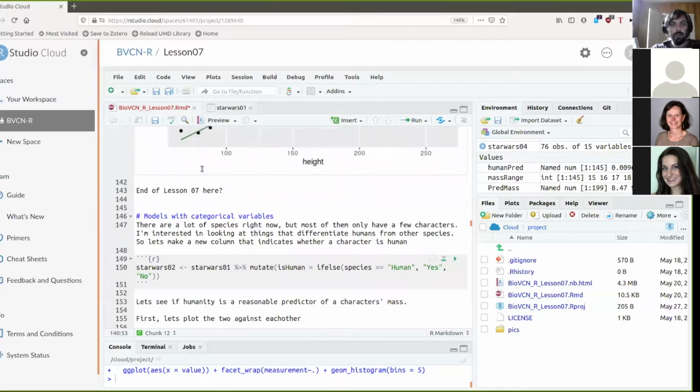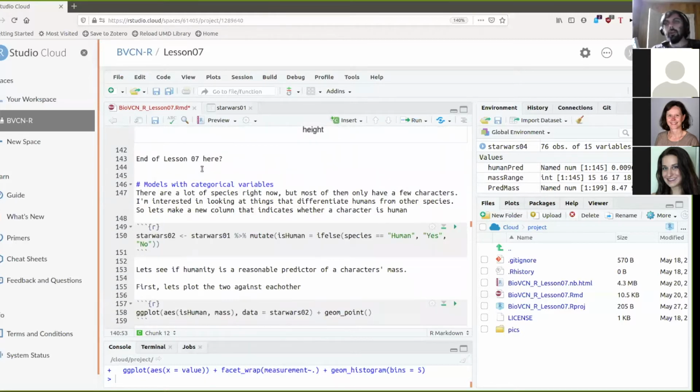So let's make our job simpler. Instead of a linear model that predicts all the species, and since most of our species only have one or two characters in them, let's just use whether somebody is human to try to predict their mass. So I want to make a new variable using the mutate function, which we talked a little bit about.